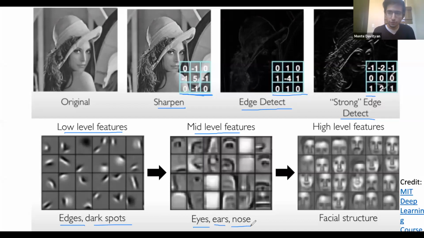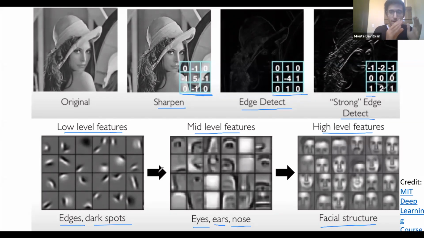And this is particular to facial data, but it's the same with other information like car data or letter data. And then the higher level layers extract more complicated features, like the facial structure or the overall metrics of what a face is.